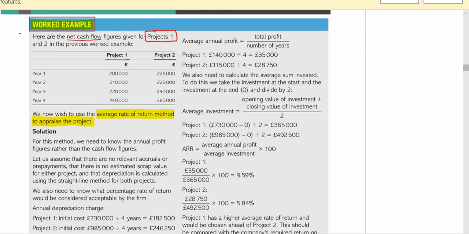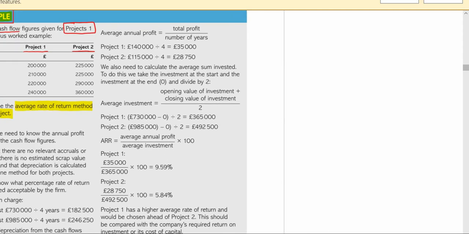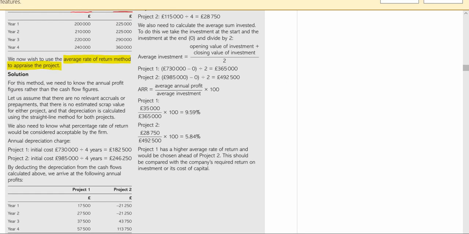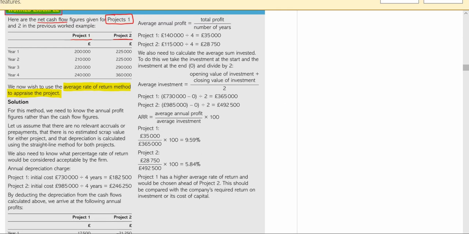So we have to find the average return: the average profit for project 1 and the average profit for project 2. Get my point?